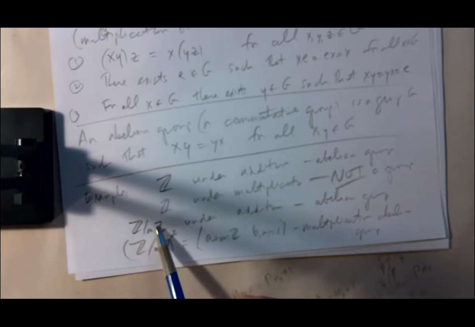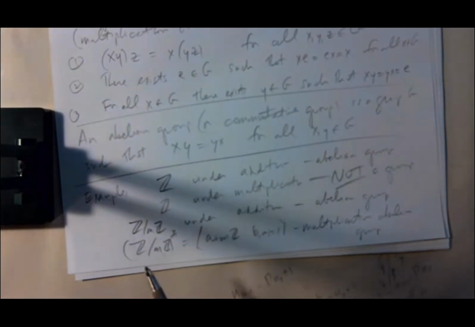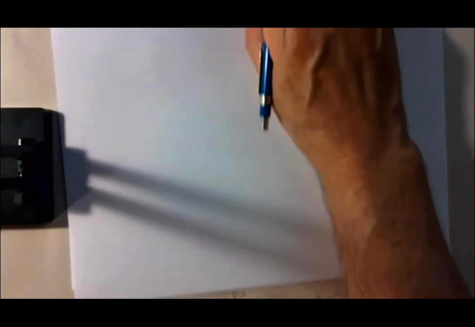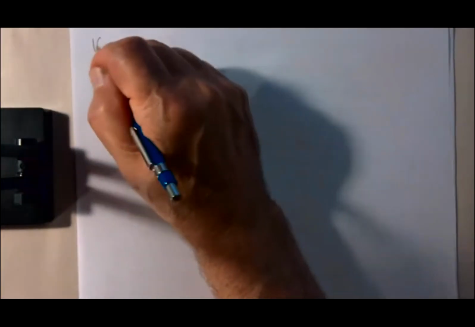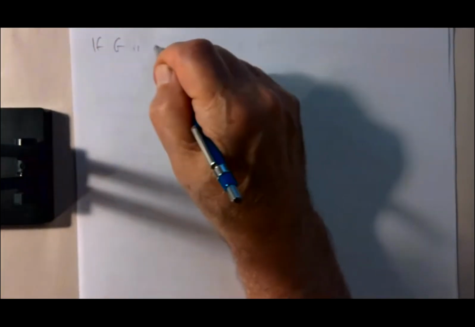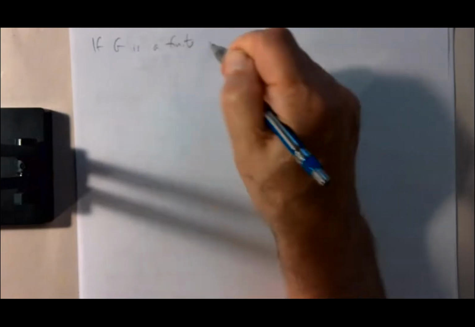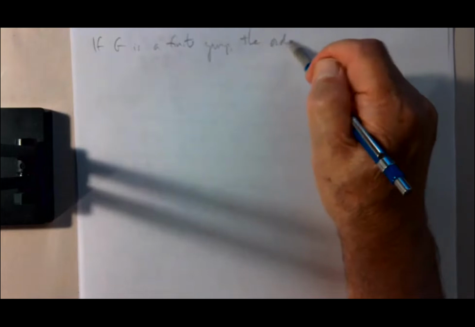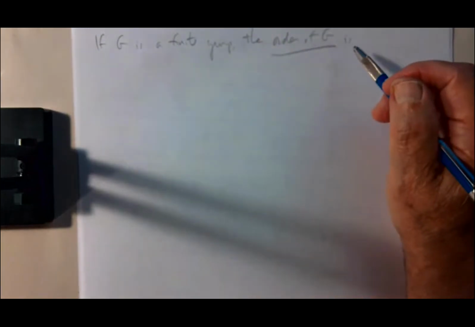This group has phi of m elements, where phi is the Euler phi function. If G is a finite group, what is called the order of G is just the number of elements in G.